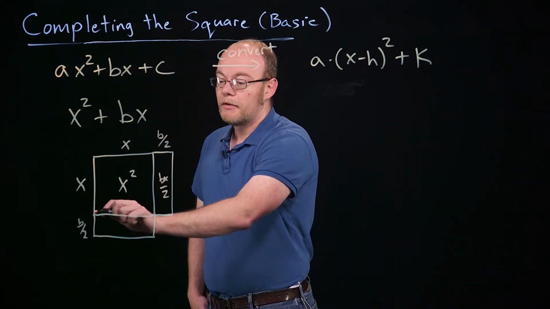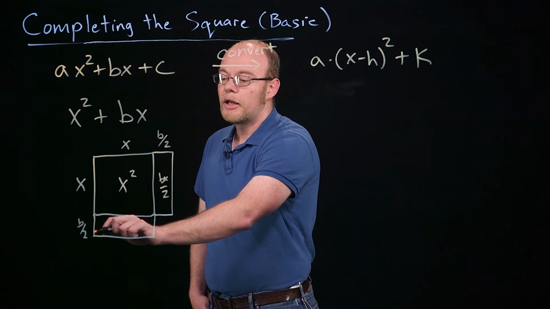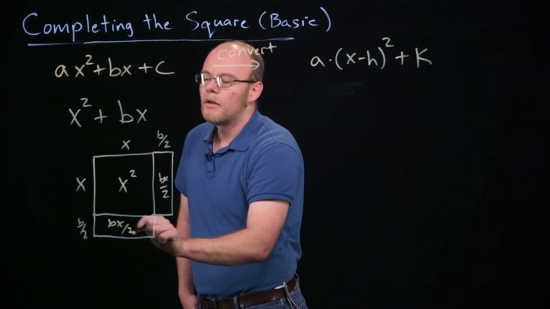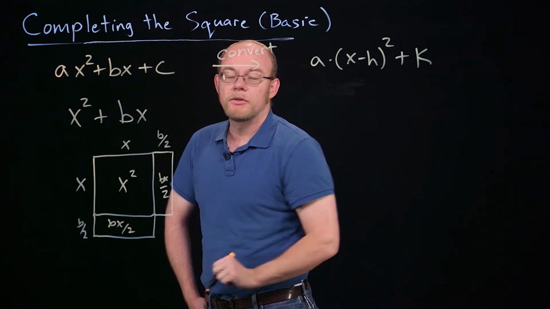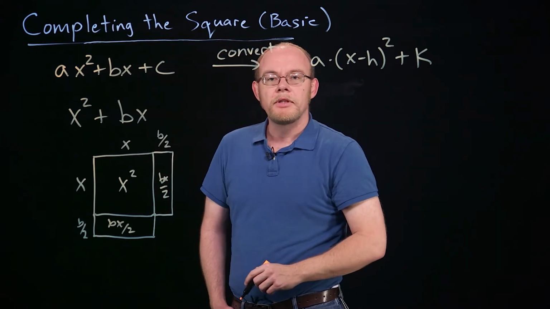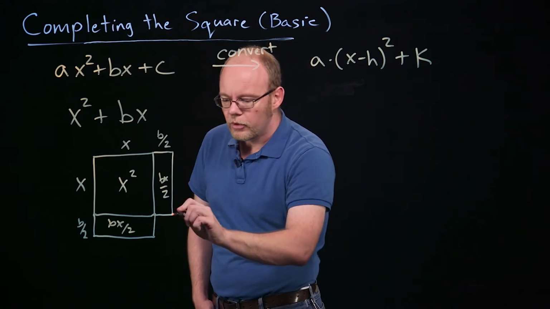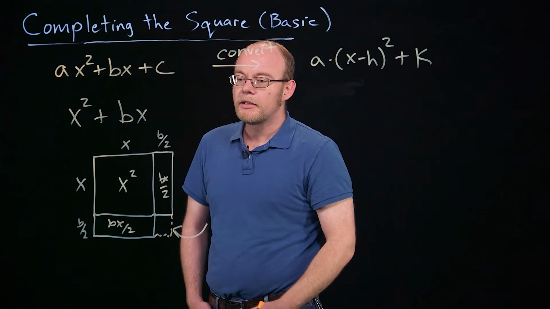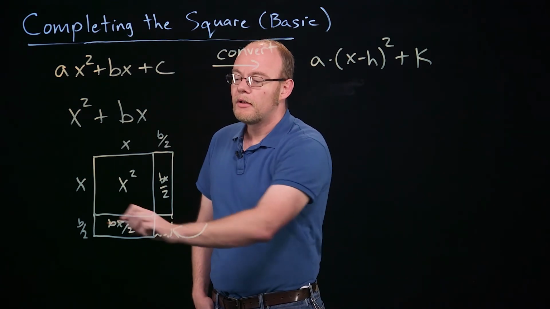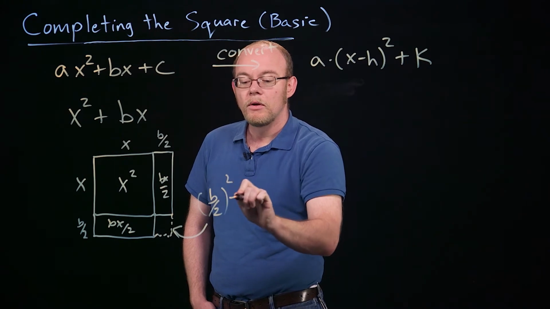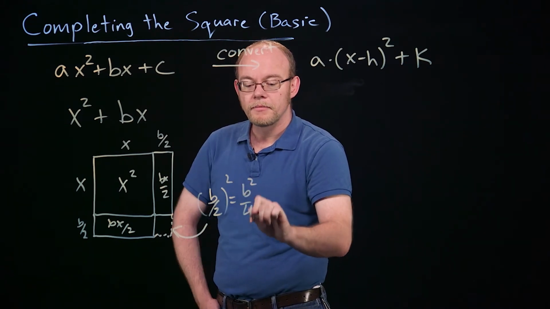And likewise, we have a height of b halves and a length of x, so b halves times x is bx over 2. So the area of the shape is exactly that. Now if you notice, this isn't quite a square. We're missing this little bit right here. If we look at the size of this, this is b halves by b halves, so this is going to be b halves squared, or b squared over 4.